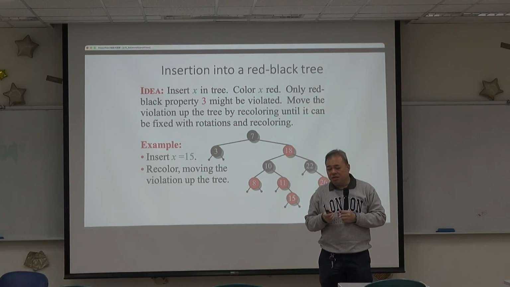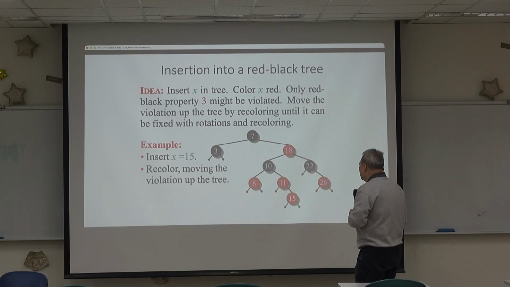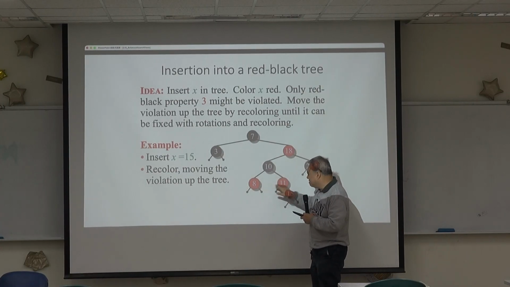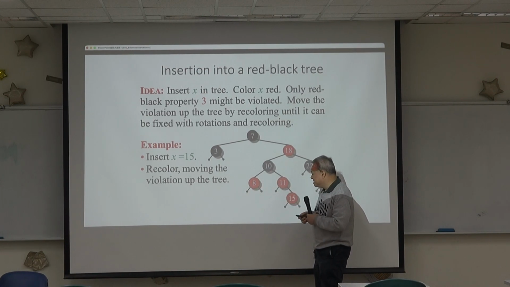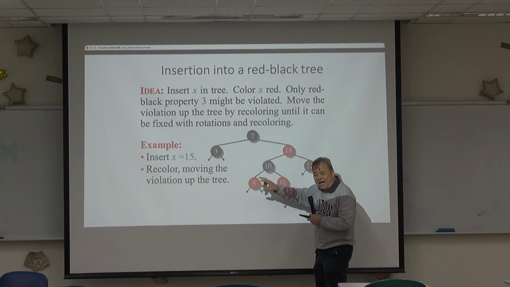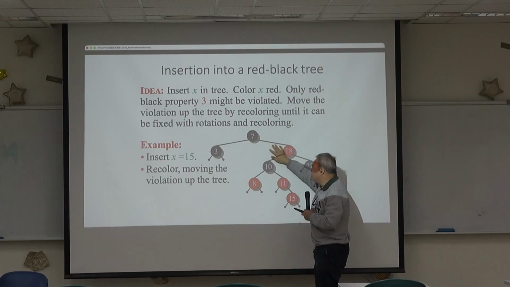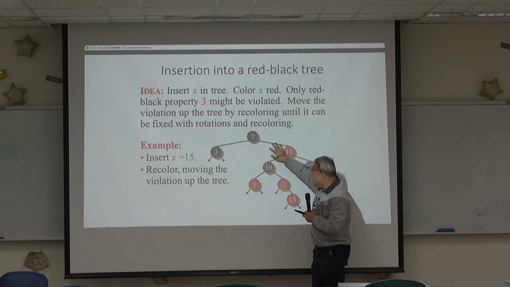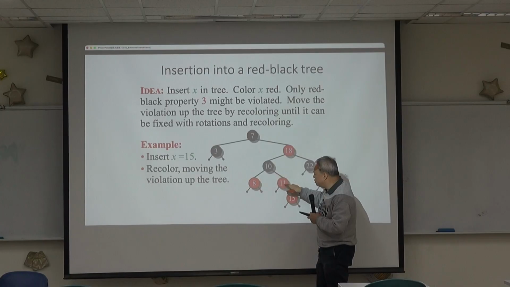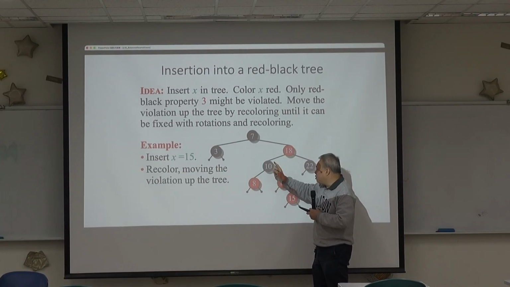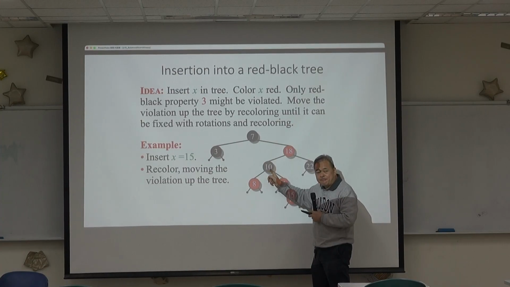So in other words, you will change the color of both nodes here to black. And in order to not affect the rest of the tree, because you change these two nodes from red to black, it's better to change this one to red.